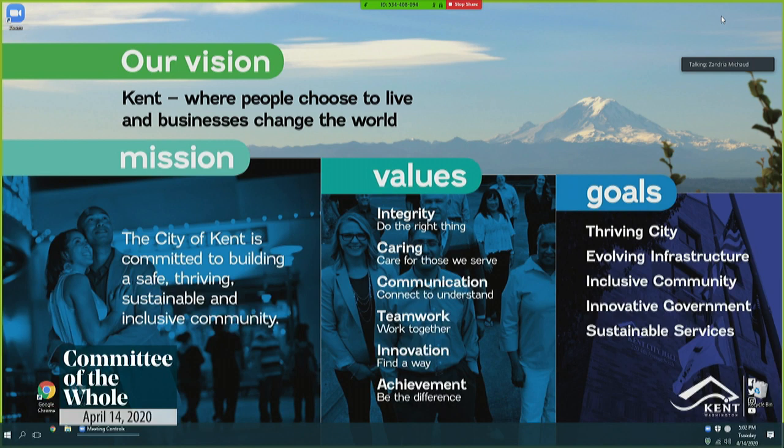I'm fine moving it forward as it is. Okay, so waiting for Councilmember Thomas to come up, but it looks like, Haley, that should give you enough information. I think a majority of us are okay moving it forward as it is. Councilmember Thomas, are you okay moving it forward as it is?